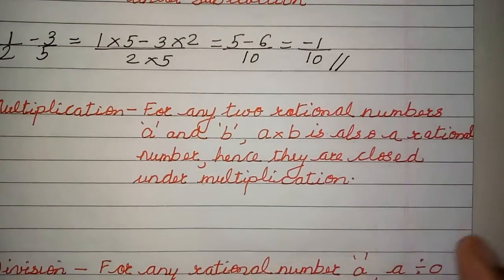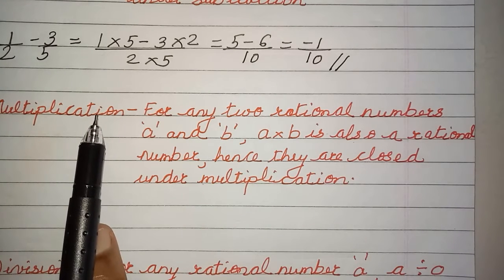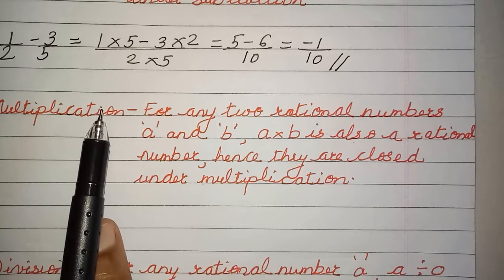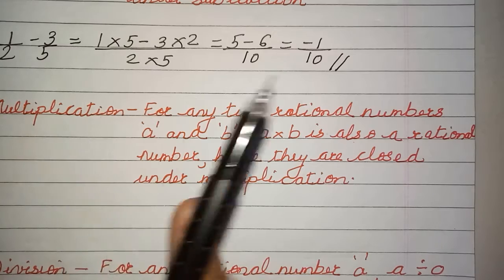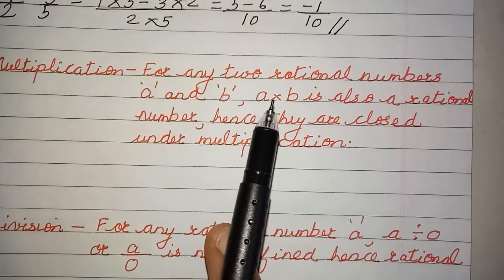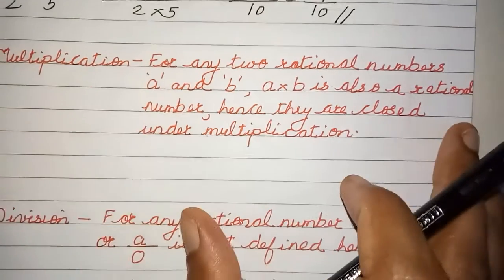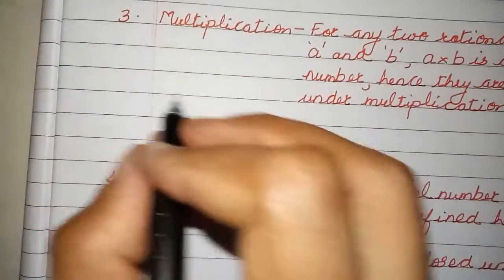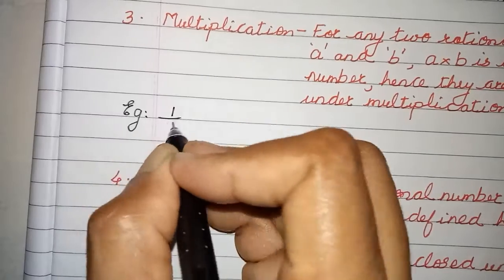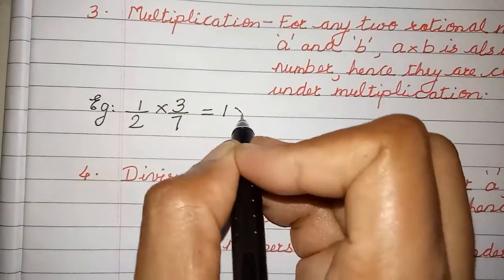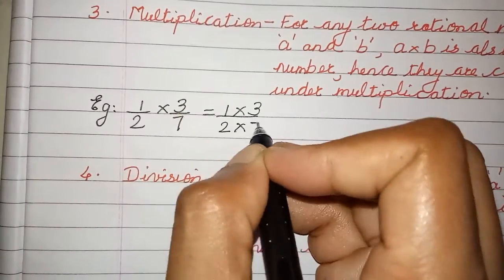Now the next property is for multiplication. Just now we have studied problems of multiplication of rational numbers. There also we have seen that the final answer is a rational number. So I have written here, for any two rational numbers a and b, a into b is also a rational number. Hence they are closed under multiplication. For example, children, if I take here half into 3 by 7. Because it is multiplication, multiply the numerators and the denominators.